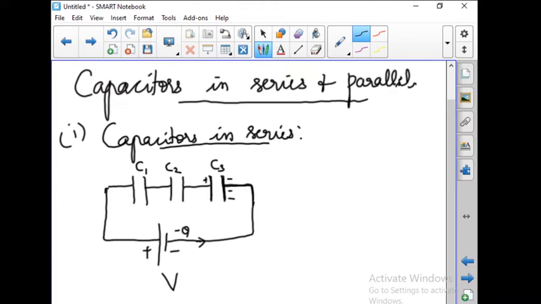So the left plate of C3 will become positively charged, and it pushes the electrons of the same amount onward. So the right plate of C2 obtains the negative charge.